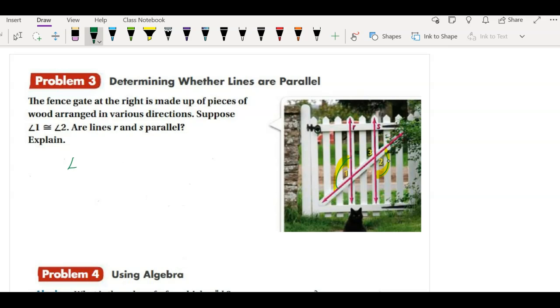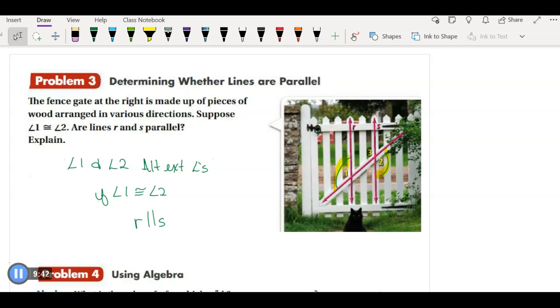Angle 1 and angle 2 are alternate exterior angles. So if angle 1 is congruent to angle 2, which is what they said, then R is parallel to S. And this is by the converse of the alternate exterior angles theorem.